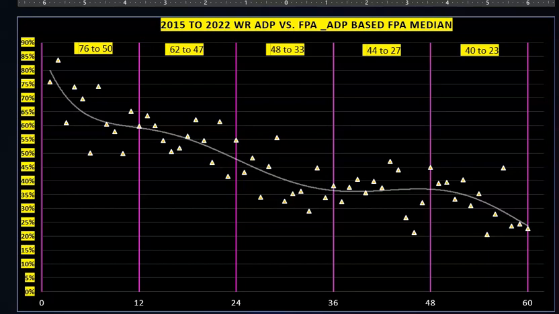So you need to really think hard about the trends here. And if your zero RB is depending on RB3s and 4s and 5s, you better be damn good at picking late RB2 types. That's the only way that your zero RB is going to pay off for you.